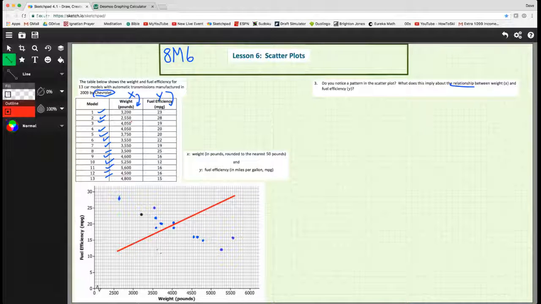We're trying to find a line where everything is pretty close to the line. Maybe something like this, because all the points here tend to be a lot closer to the line. The other thing you could have is a flat line like this, but in this case, the points are not really that close.